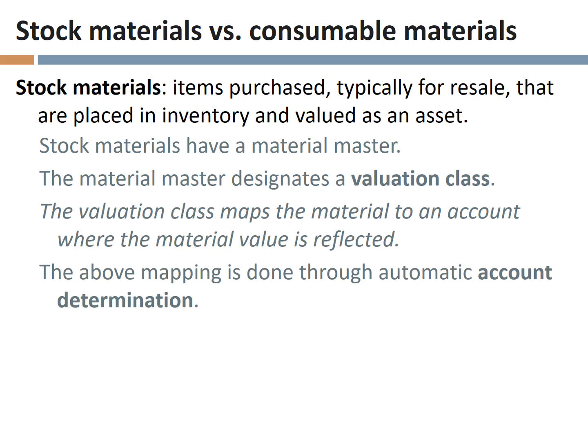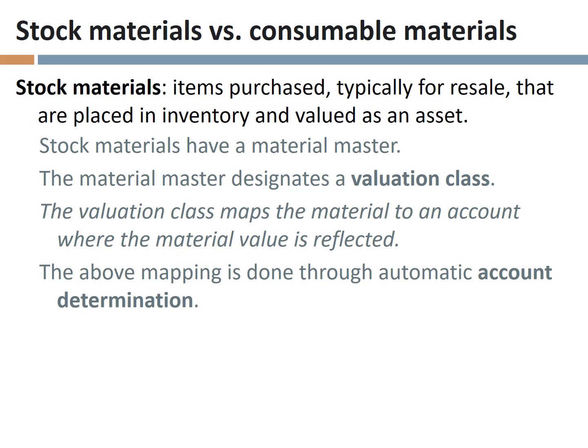And we know this is an example of automatic account determination. So anything that we buy that we're going to value as an asset has a material master record. That material master record has recorded on it a valuation class, and that valuation class maps the value of that asset ultimately to an account in our general ledger where the value of that asset will be maintained.